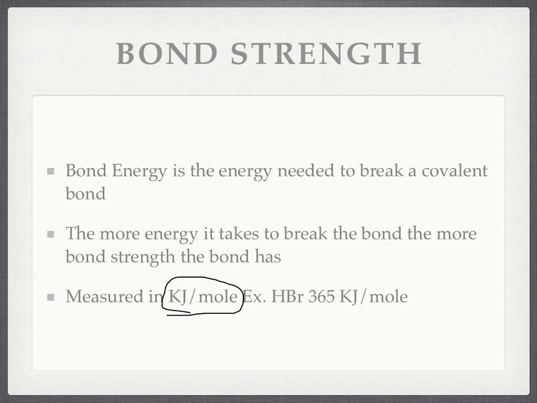Now, we really haven't talked about moles yet, but a mole is simply a number. It's a really big number. It's 6.02 times 10 to the 23rd. So if I had that many molecules, let's say, of HBr, it would take 365 kilojoules to break those bonds.